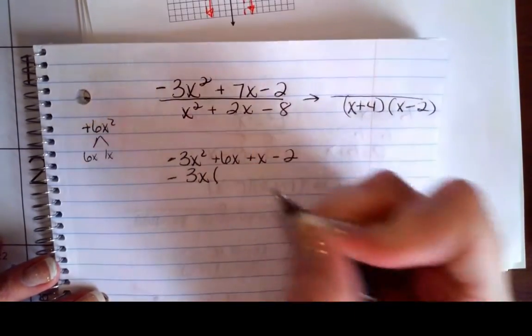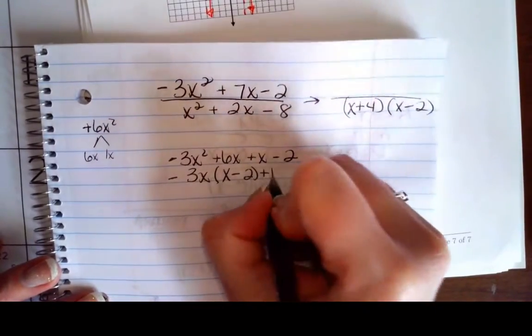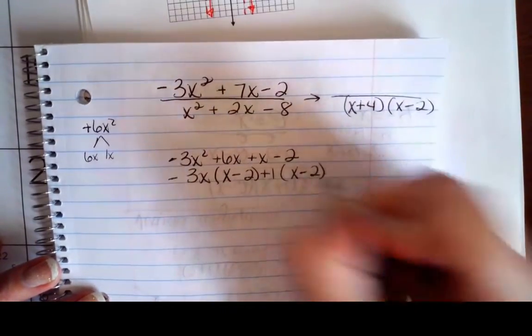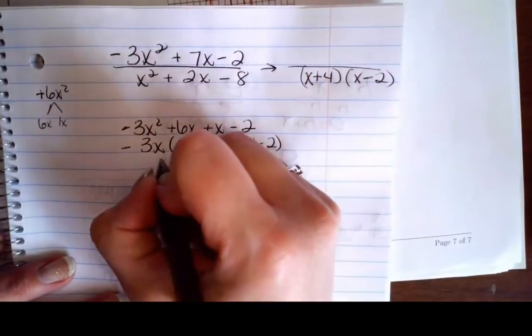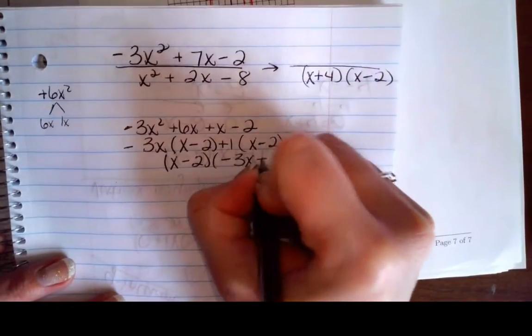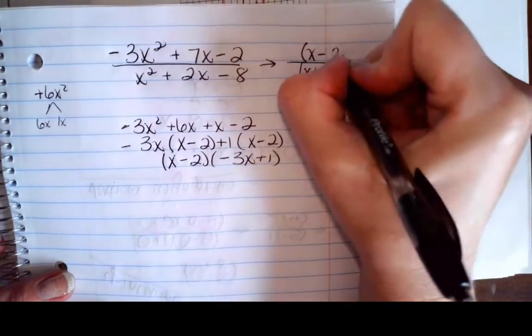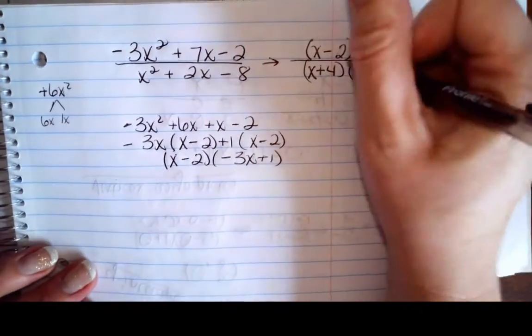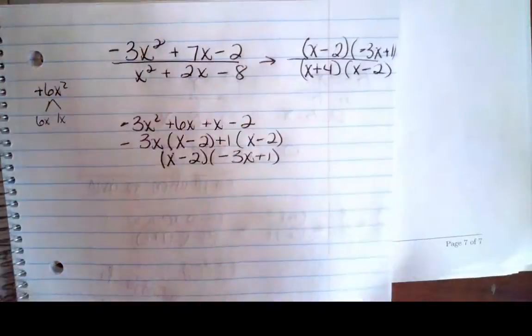So I can pull out a -3x, which leaves me with x minus 2. I can pull out a 1, which leaves me with x minus 2. And then I have what is in parentheses, and what is not in parentheses. So my numerator becomes x minus 2 and -3x plus 1.